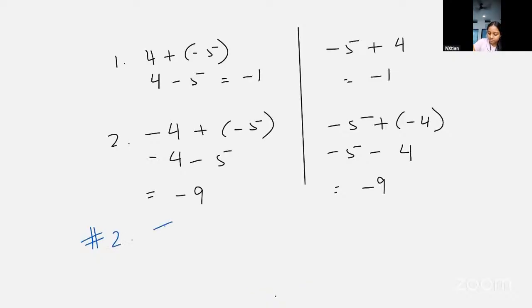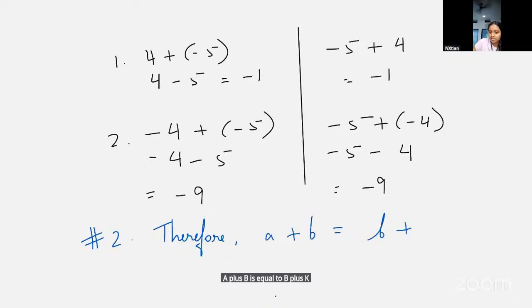Therefore, A plus B is equal to B plus A, where A and B are integers.